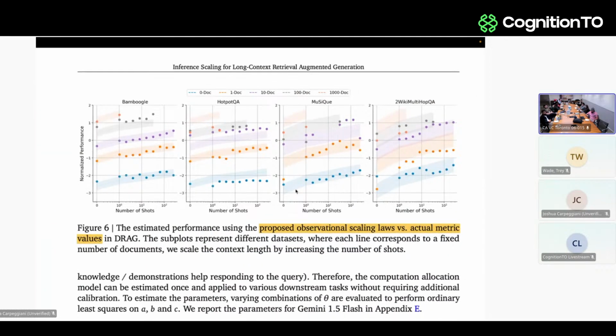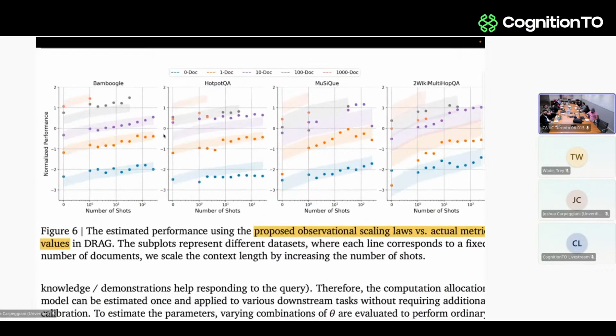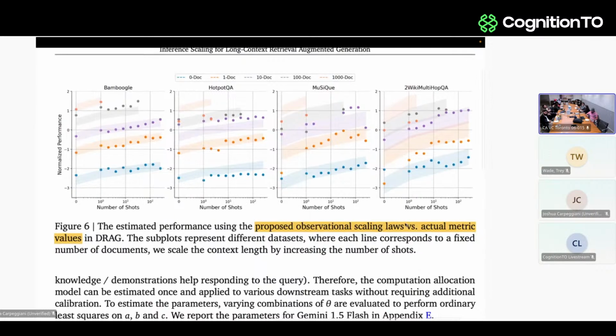But then this paper goes into the difference between the predicted, these dots are the predicted performance versus this part here, which is the actual performance, other way around. Yeah, proposed observational scaling law versus actual metric values.